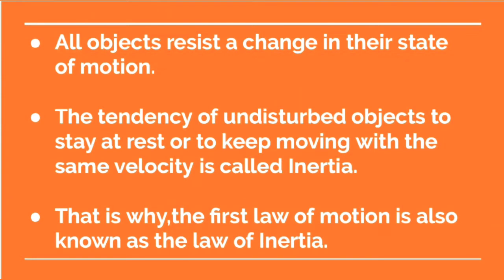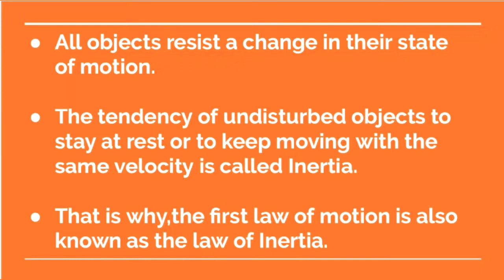Every object, when applied with a force, its first tendency is to resist that force. That is, the object will not be willing to change its present state. For example, suppose we are standing in a bus that is at rest and suddenly the bus begins to move, then we tend to fall backwards. Have you ever thought, children, why this happens?